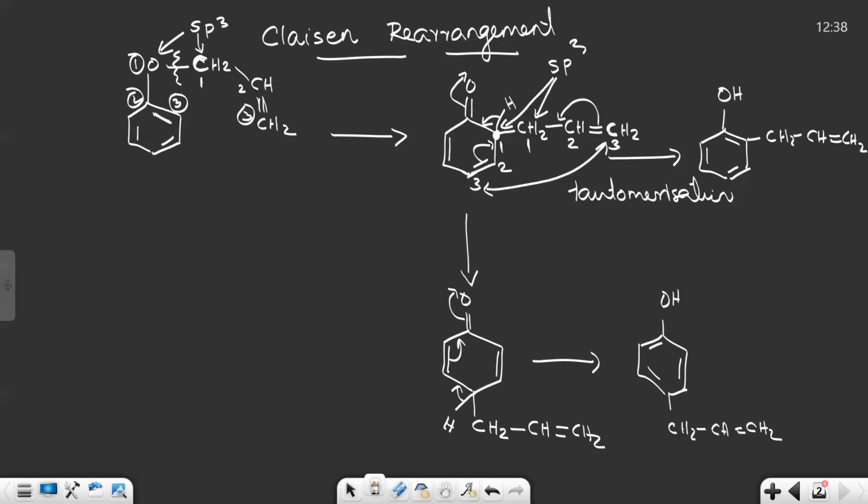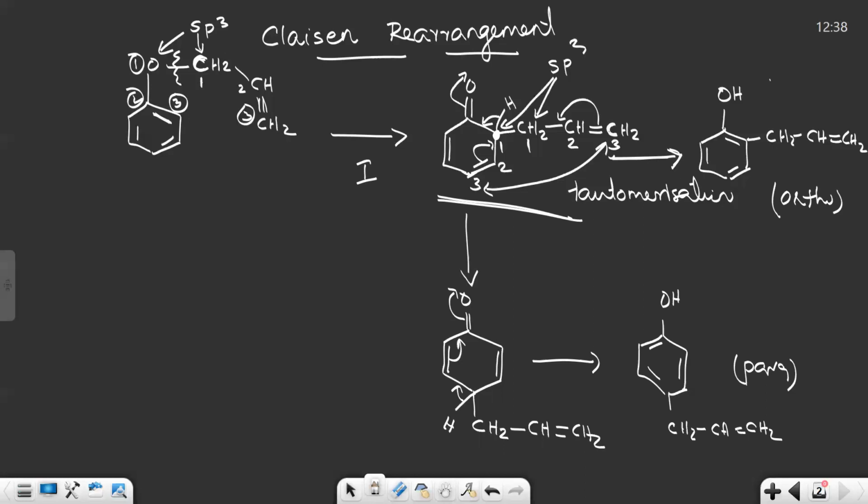Now we have this allyl group on the para position, and in the first reaction we got it on the ortho. So this is the first step. After the first step, two reactions are possible. Either it can undergo tautomerization, or it can undergo further rearrangement to form the para products.